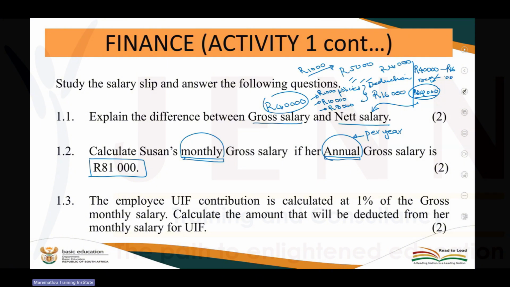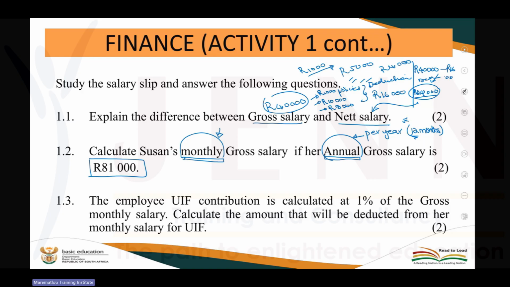Now, this is what he's getting per year. We need to calculate how much he is getting on a monthly basis. When we say per year, it means that he's getting this 81,000 for how many months? 12. So we need to know in January, how much is he getting?